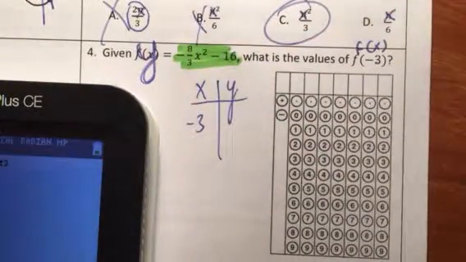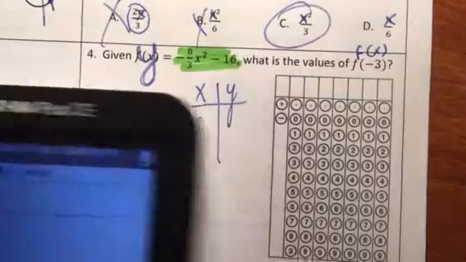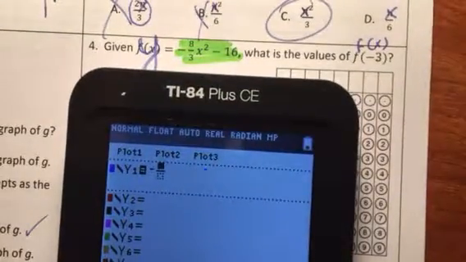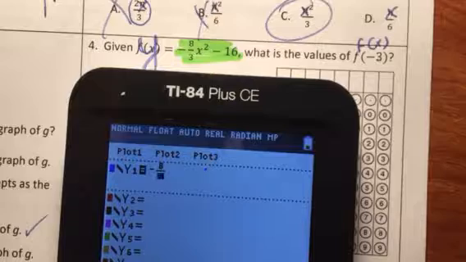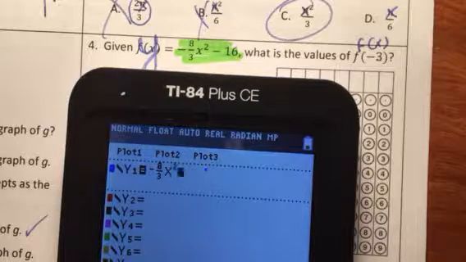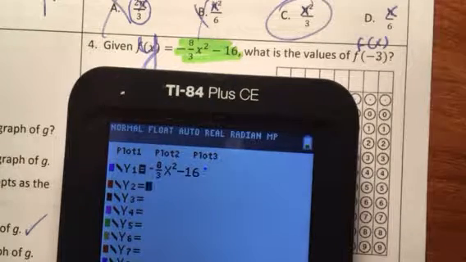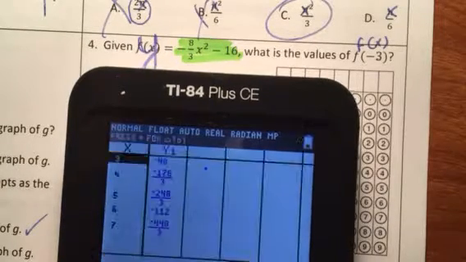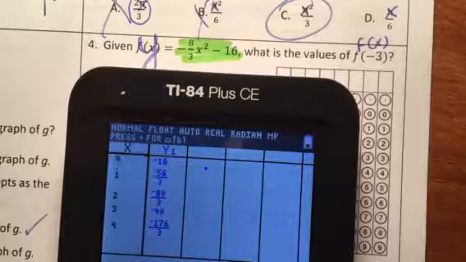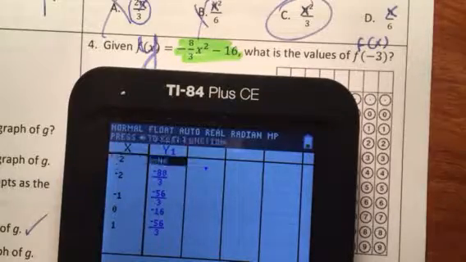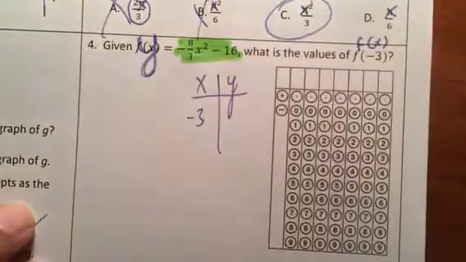So I'm going to type in negative, let me put this to where you can see it. Okay, so I'm going to go to second graph. I'm going to go to negative 3. So across from negative 3 is negative 40.